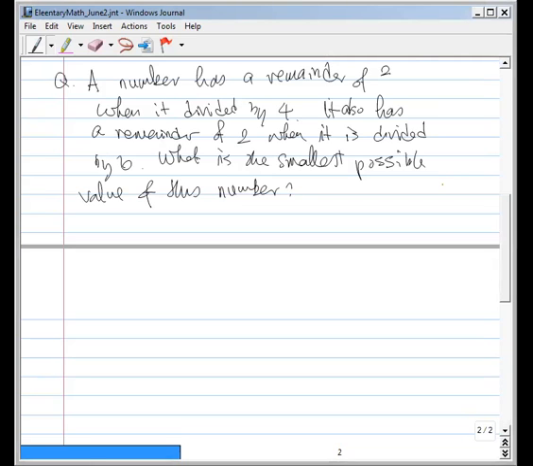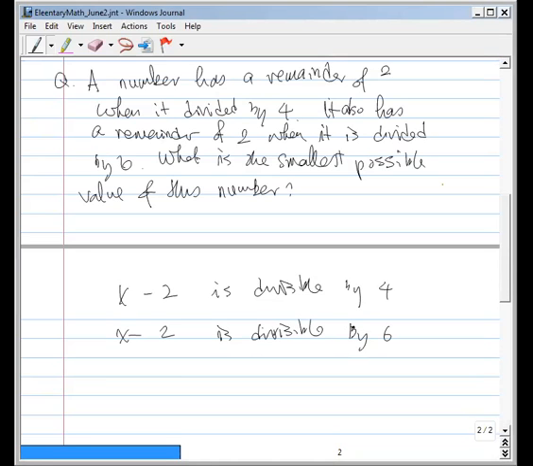So a number, if you divide by 4, has a remainder 2. That means the number minus 2 is divisible by 4. Since it has the same remainder, if you divide by 6, the same number minus 2 is also divisible by 6.